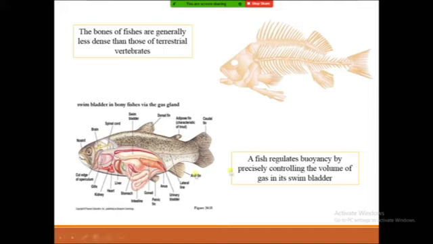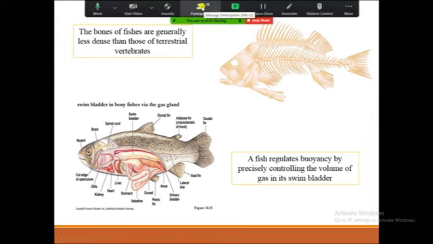The swim bladder is a structure present inside the body, and it helps in the regulation of buoyancy, and generally it is filled by various types of gases which are metabolically produced inside the body, and these gases regulate the movement.